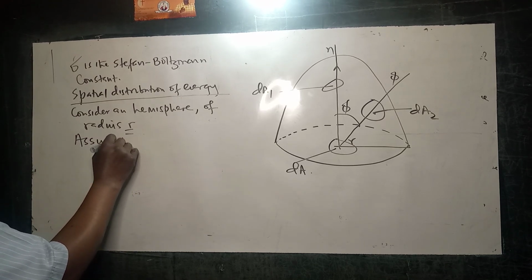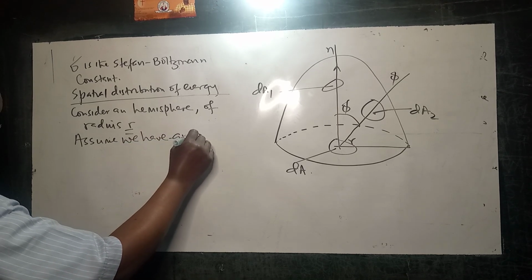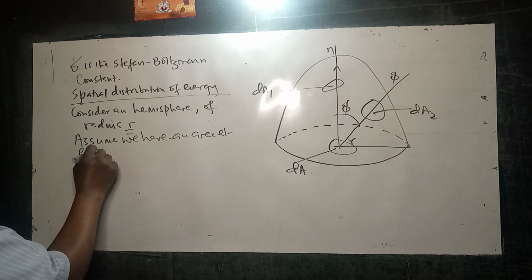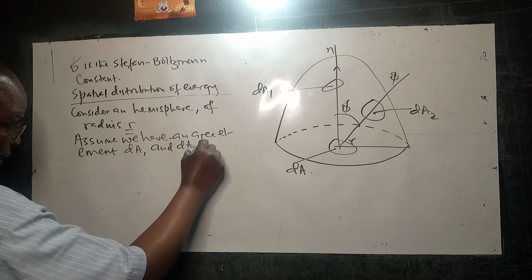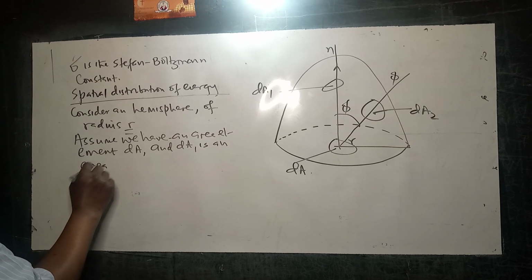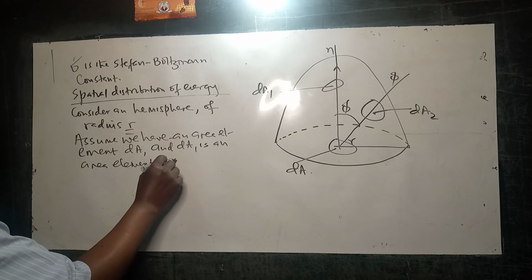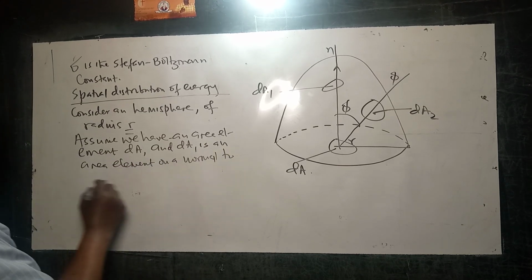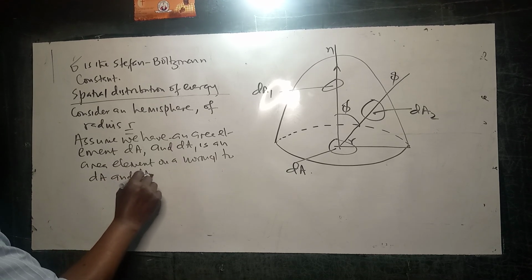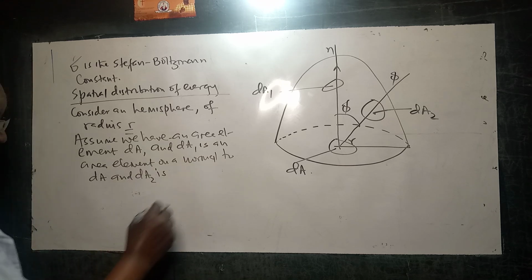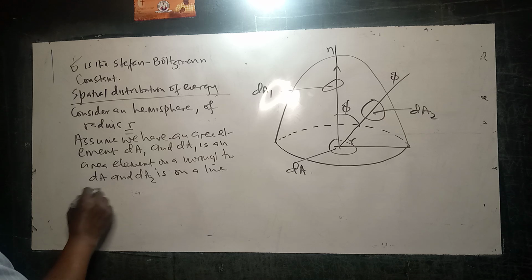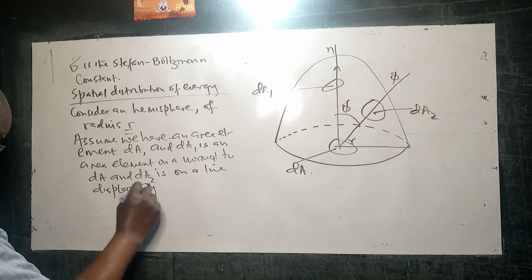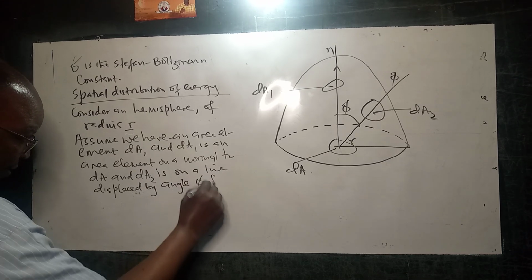Assume we have an area element dA, and dA1 is an area element on a normal to dA, and dA2 is on a line displaced by angle phi from the normal.